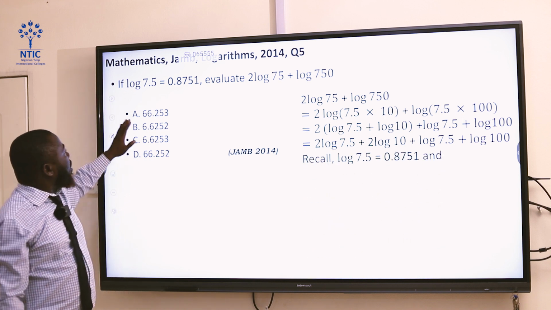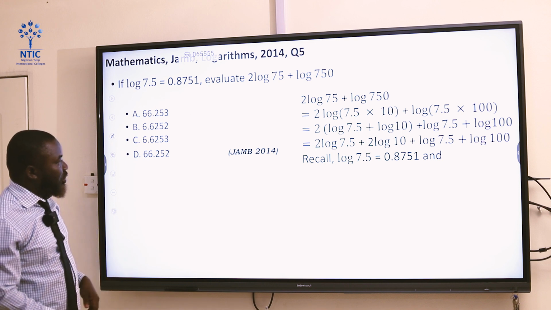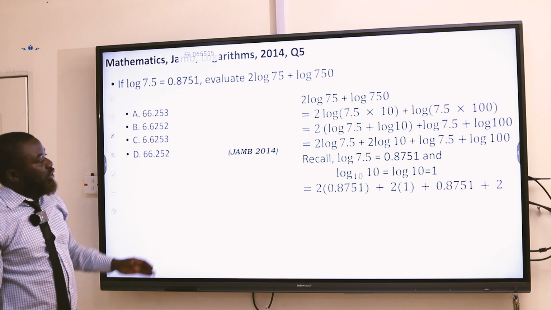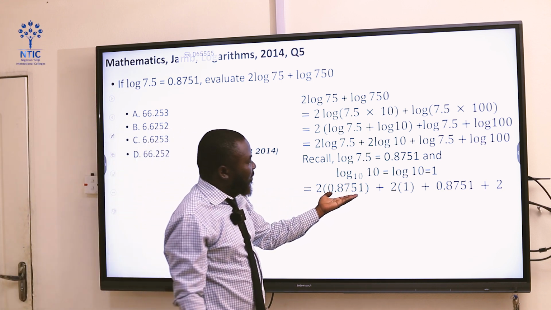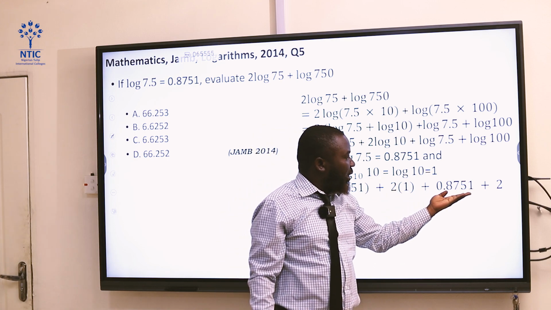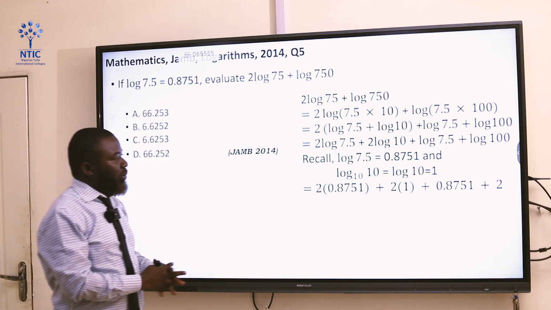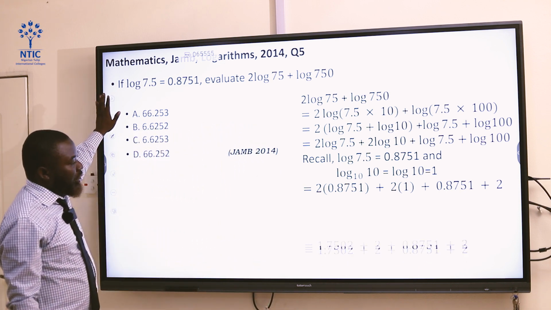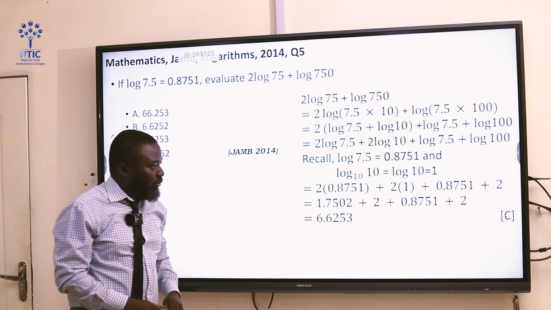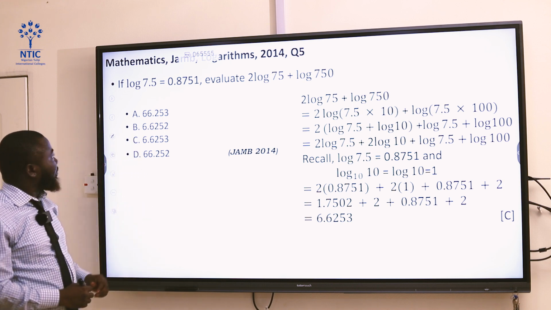So log 7.5 is 0.8751 as given in the question. At this point, we are going to substitute. And when we substitute, we are going to have 2 multiplied by 0.8751 plus 2 multiplied by 1, which is log 10, and then 0.8751 plus 2. So when you carry out the multiplication and the addition, we are going to have 6.6253, which is option C as our answer.